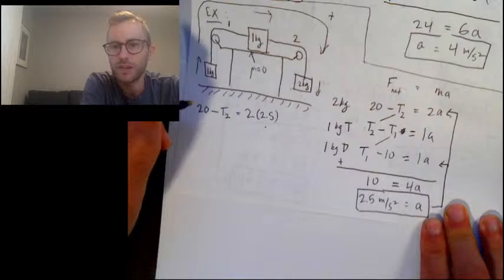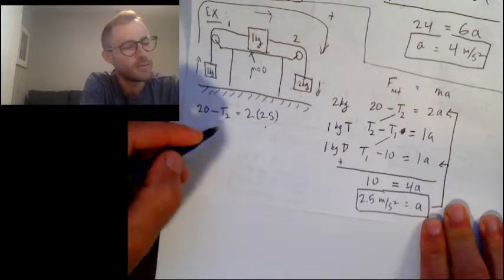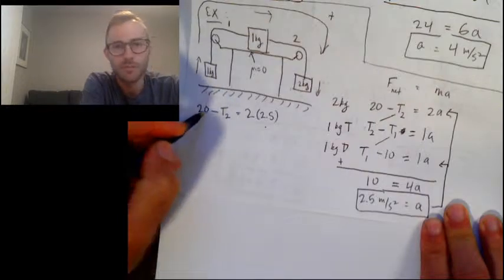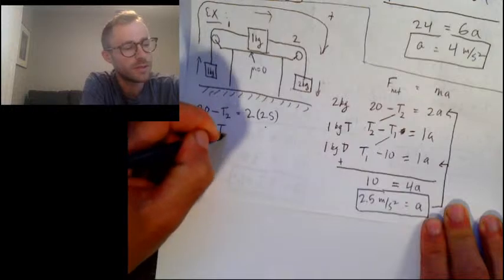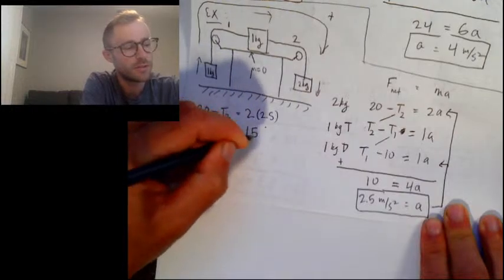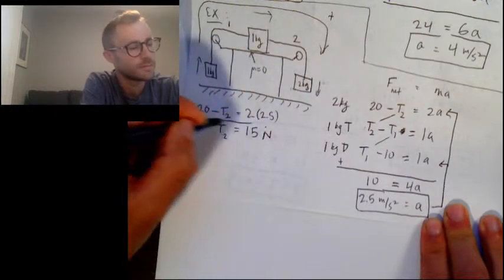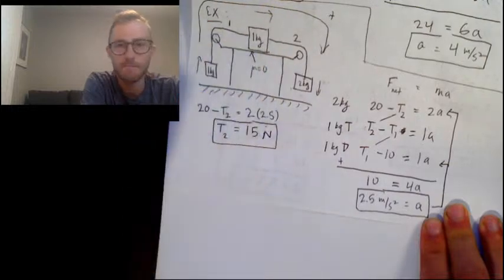So 20 minus 5 would give T2 equals 15 newtons.